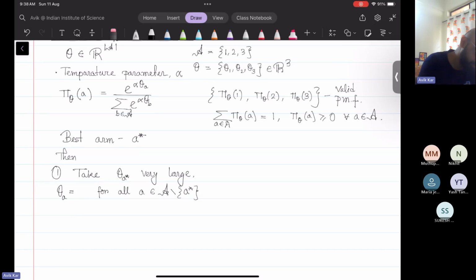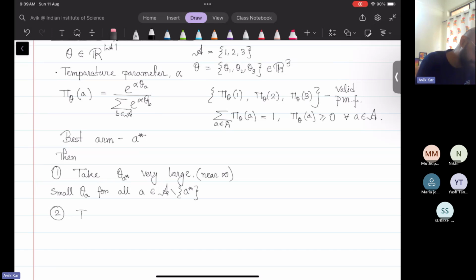I don't know what it means to be near infinity, it is not a valid mathematical object, but I guess you understand what I mean.